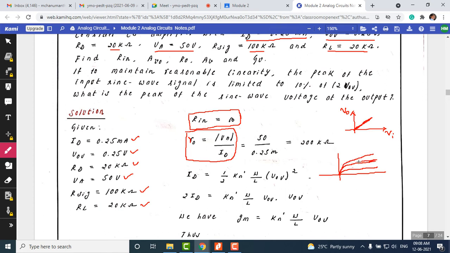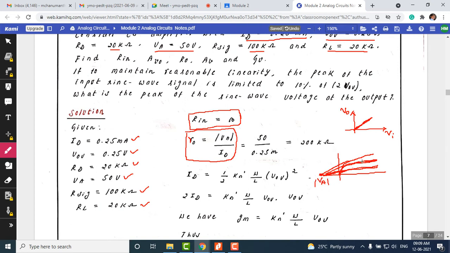When we extend this to the negative axis, you have seen that at some point all these curves will meet, right? That voltage is nothing but VA. So that is called the early voltage here.